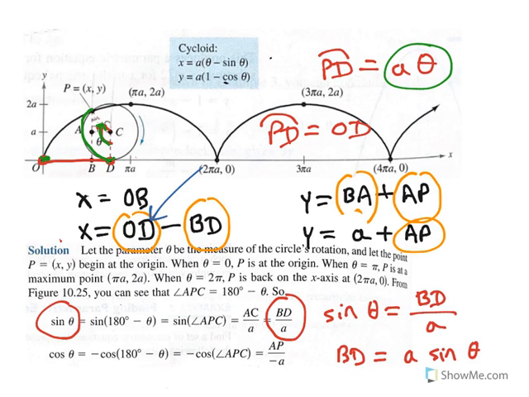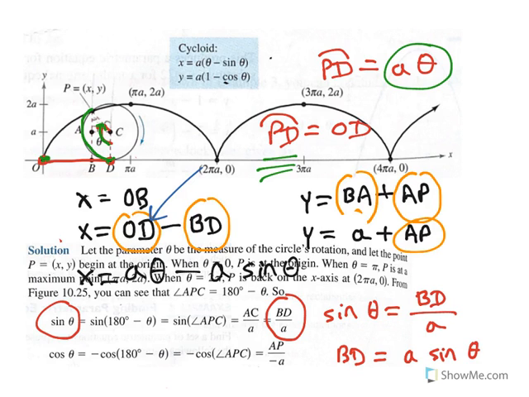So we're going to replace OD with the length of arc PD, which is equal to A times theta. So with that, I can write x is equal to A times theta minus the length of segment BD, which would be A times sine of theta.